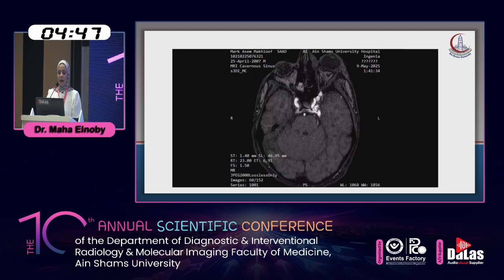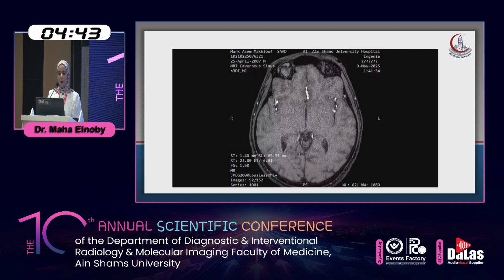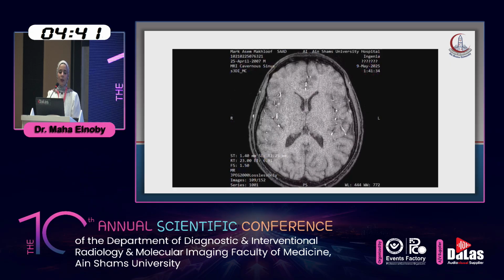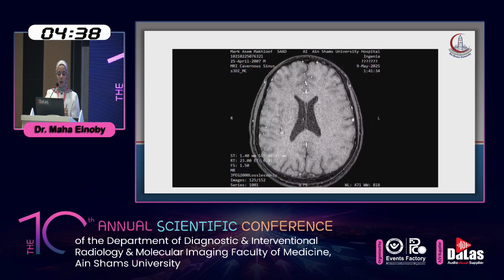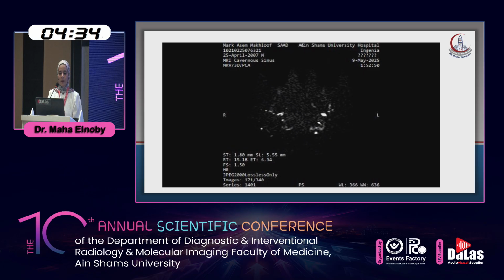We show that there is high flow communication between the intracavernous portion of the left internal carotid artery and the cavernous sinus, with the superior ophthalmic vein taking the same signal as the arteries. MRV was done. Dilated left superior ophthalmic vein.